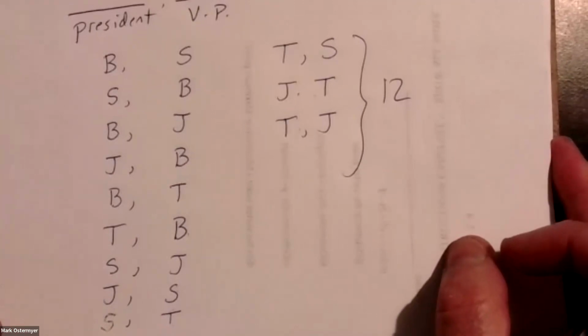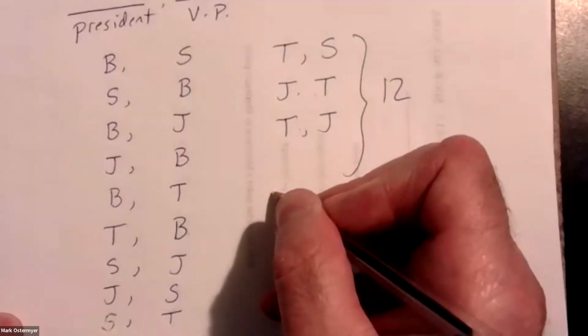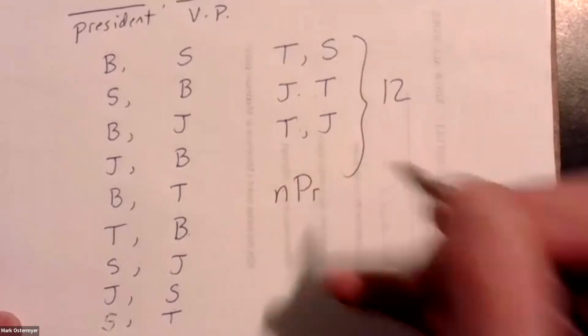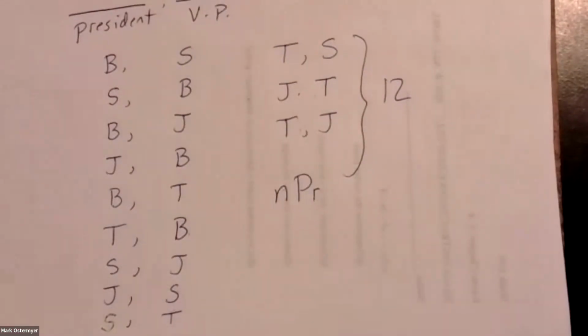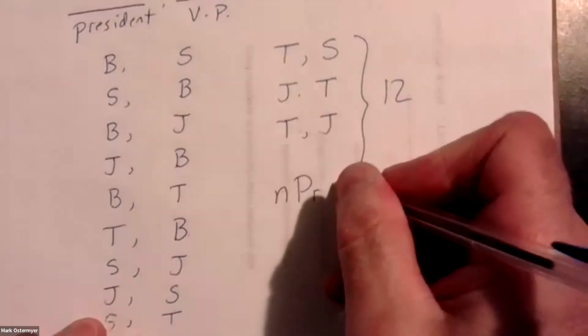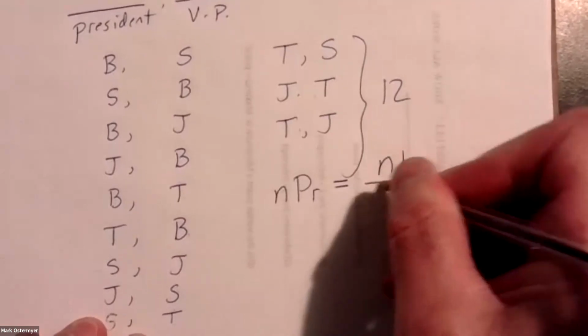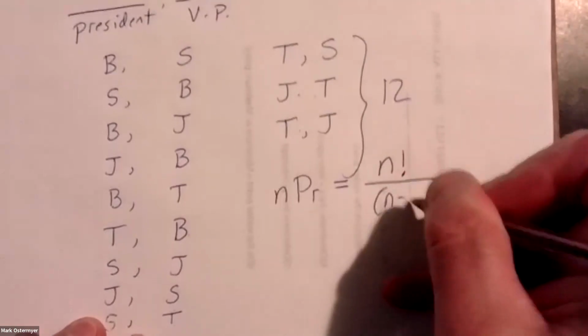Well, this is a permutation. And to the rescue is what's called our permutation function, nPr, read as n permuted r ways. That's how you read that notation, ladies and gentlemen. This function is on our calculator. If you're wondering how the function works, it makes use of factorials. It's really n factorial divided by (n minus r) factorial.